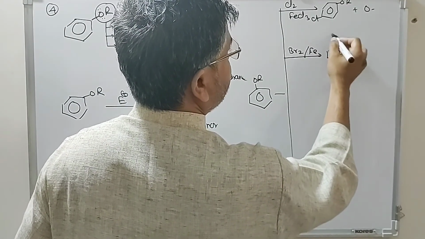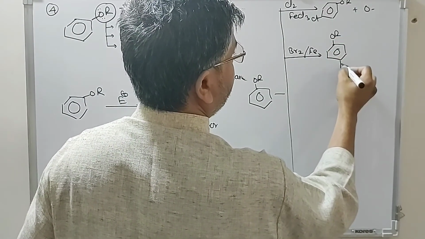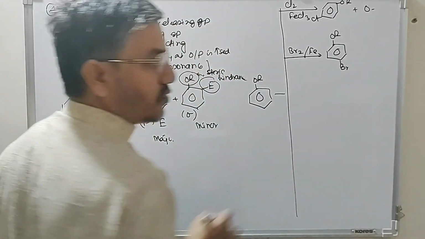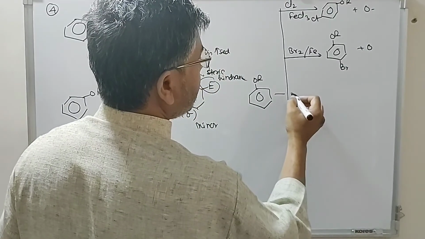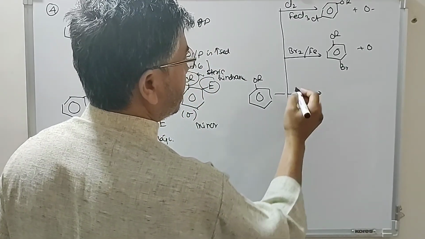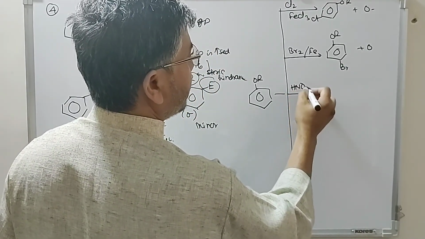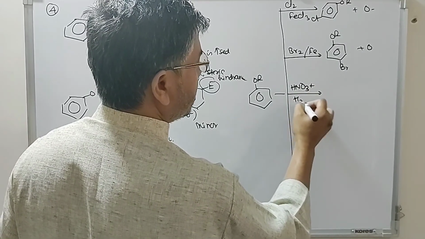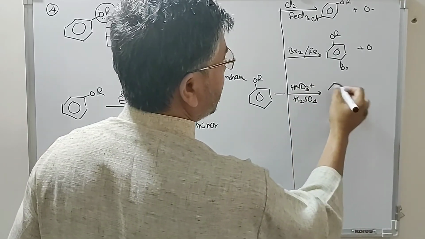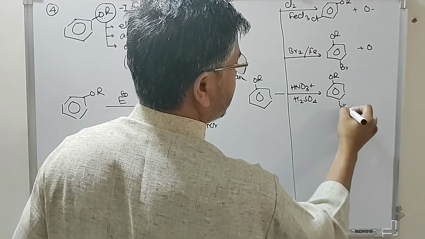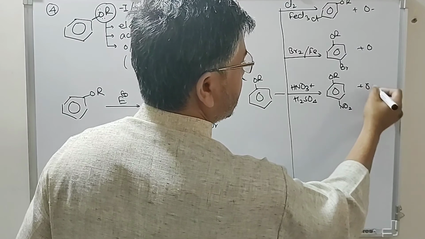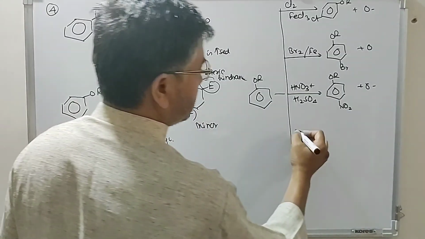Again bromination takes place at para position plus ortho will be forming as a minor compound. Then we have nitration by use of nitrating mixture. A nitro group is introduced at ortho and para position. Again ortho will be forming as a minor compound.